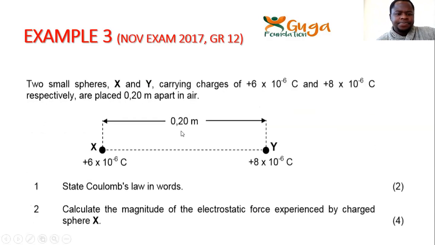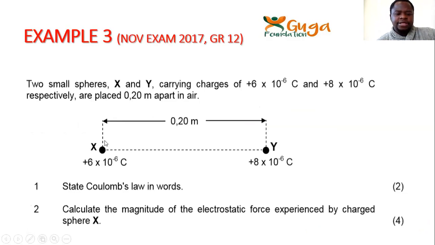So now let's look at example 3. This example was taken from the November exam 2017, grade 12. They say that two small spheres, X and Y, carrying charges of 6 times 10 to the power negative 6 coulomb and 8 times 10 to the power negative 6 coulomb respectively, are placed 0.2 meter apart in air.